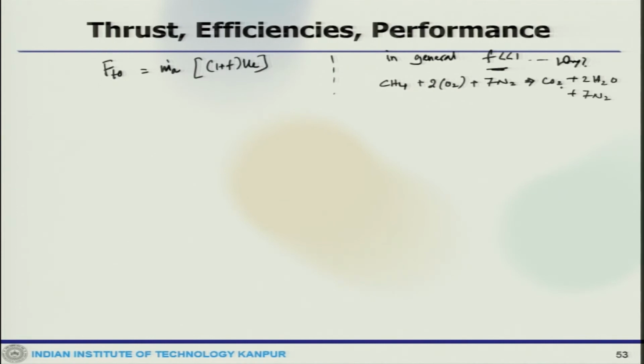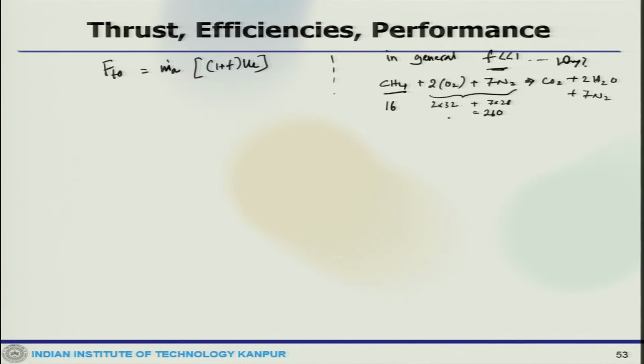So, that is sort of a balanced equation. Then here fuel is 16, and if you look at this here, this is 7 into 28 plus this is 2 into 32, this would be roughly 260.